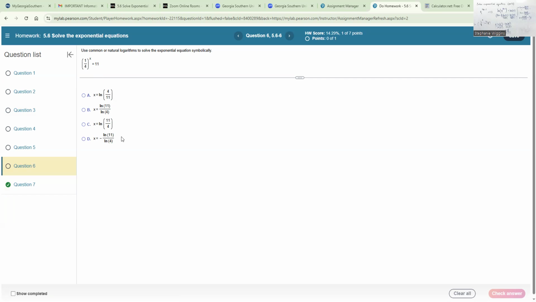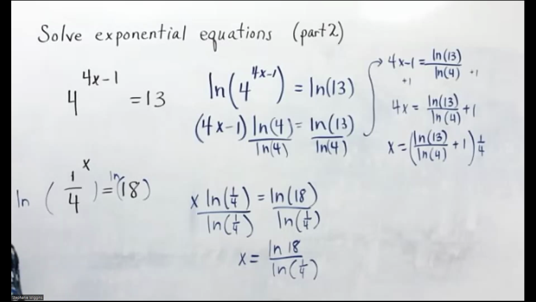Notice that we don't have 1/4. That's why I wanted to show you this. We have a different form here, so let's simplify this so it matches their representation.